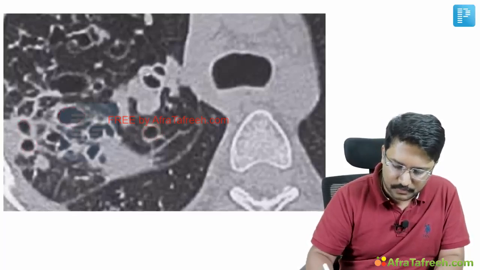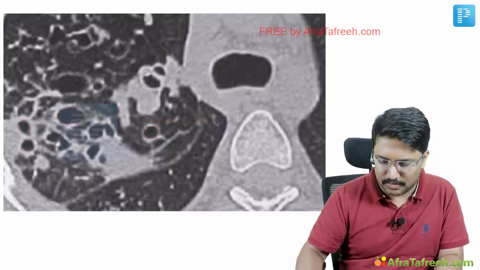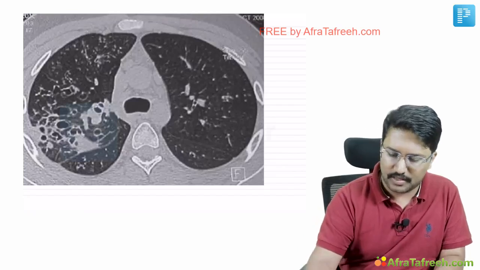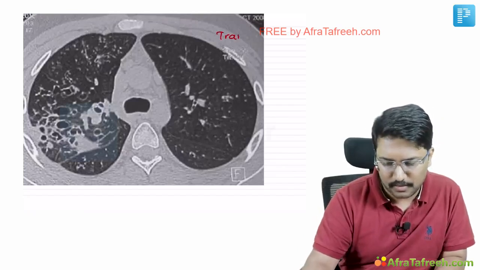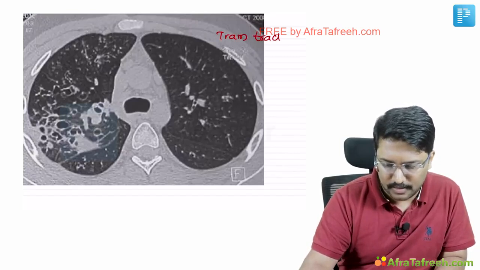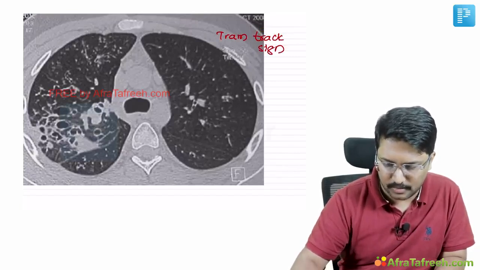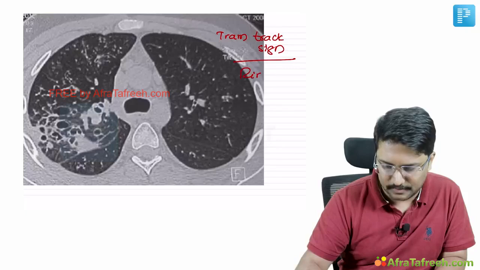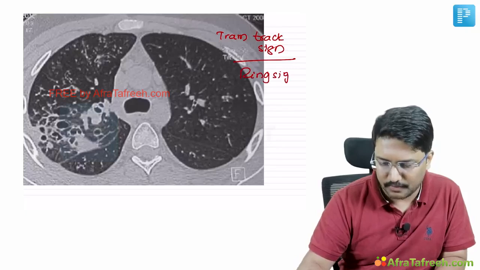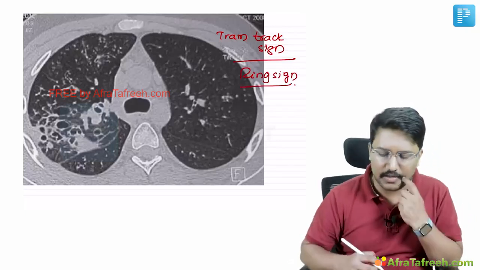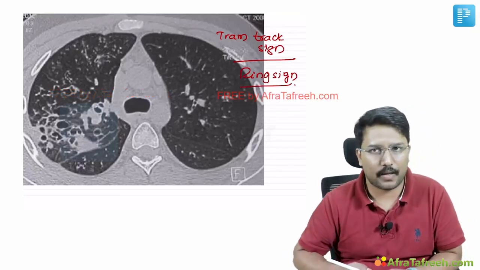Okay, and when it is running parallel, we call it the tram track sign. So those are the two signs we need to remember: tram track sign and ring sign. These may be evident on the HRCT, difficult to appreciate on the chest X-ray, right?